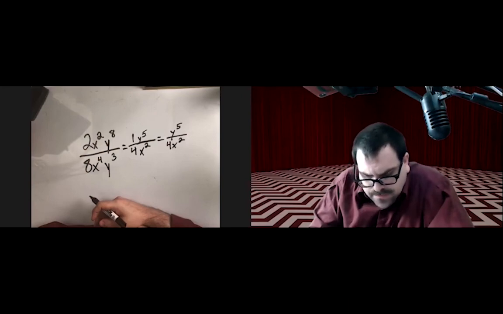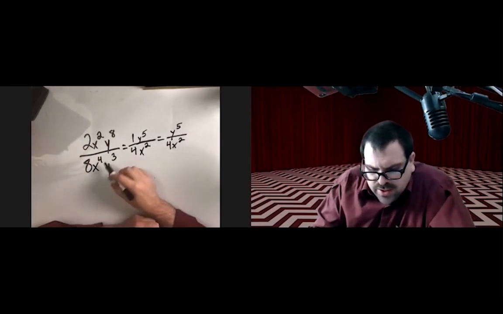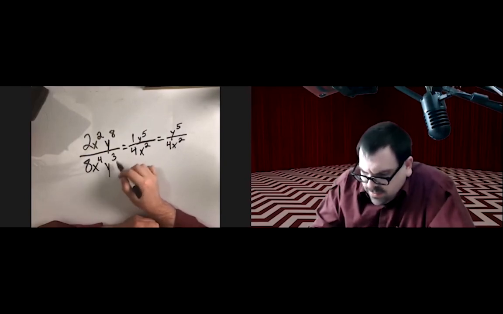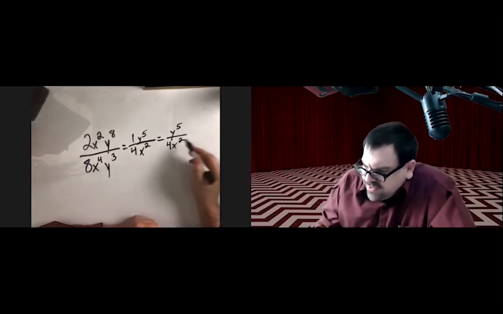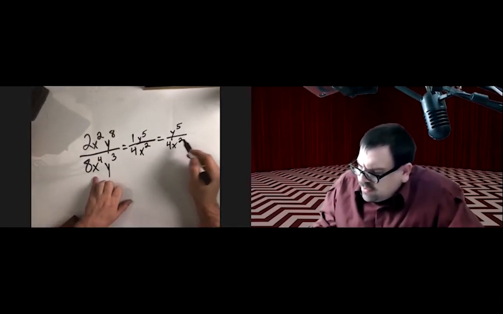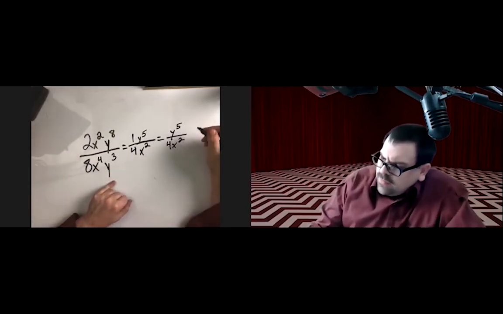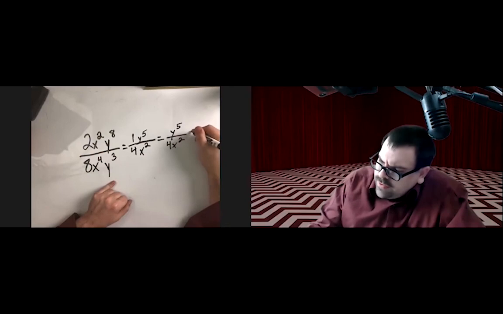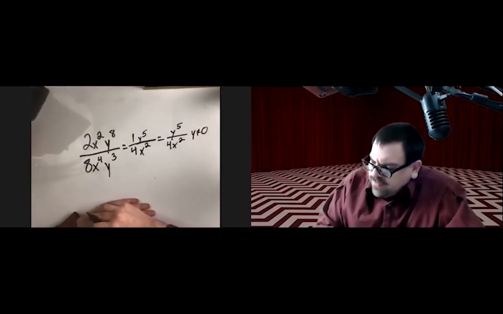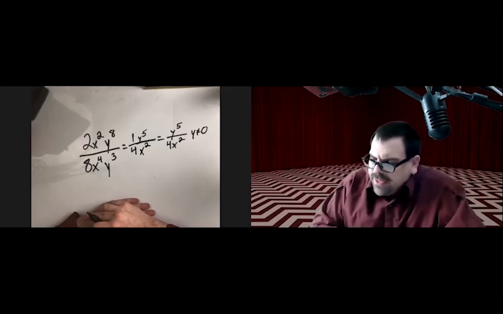Well, since originally we had a factor of y on the bottom, that means that y can't be 0. We can still see that x shouldn't be 0, but we can't see that y isn't 0 anymore. So I'm going to go ahead and say y can't be 0, and I'm going to make that part of the answer.